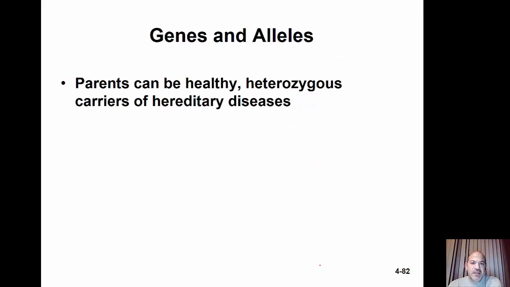So let's move on. Parents can be healthy, but at the same time they could be heterozygote carriers of hereditary disease. So let's say we have a case where there's a gene, and the gene mutated, so you have an allele that's a faulty allele, and it creates a genetic disease or a genetic disorder. A parent could be carrying it, and I'll just use X here.